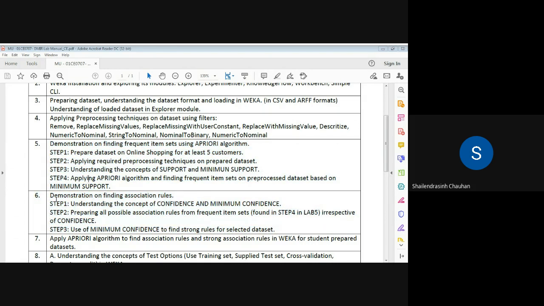If you want to find association rules, then you should have frequent item sets. So in today's lab, we're going to discuss how you can find association rules and the different fundamentals based on this. Let us have a brief recap of the previous lab, and then we'll start association rules.